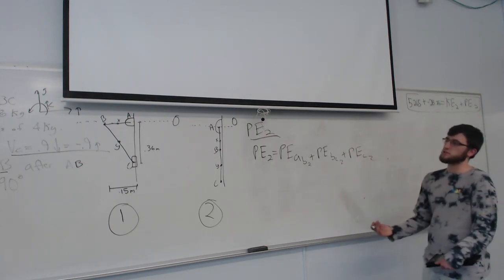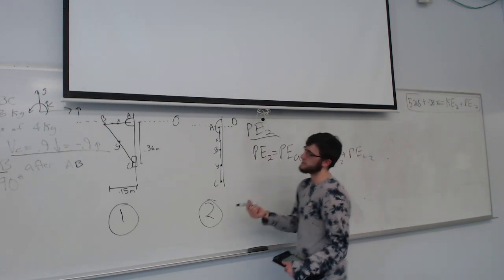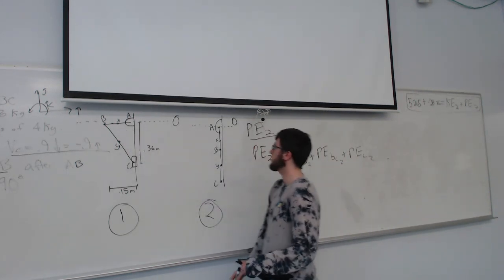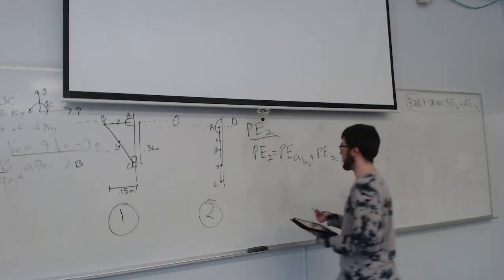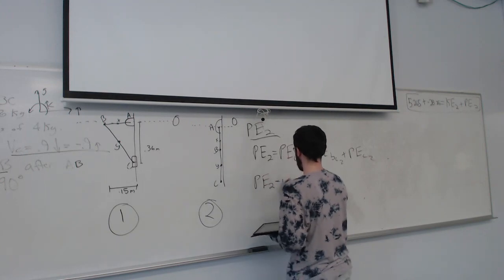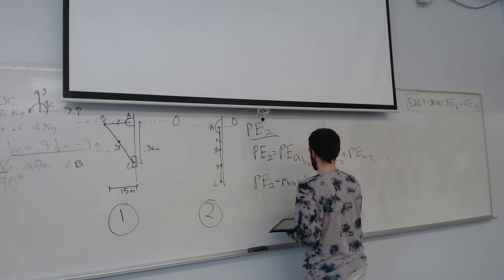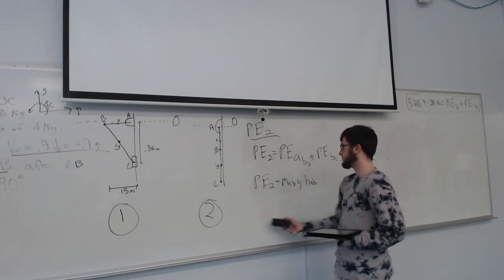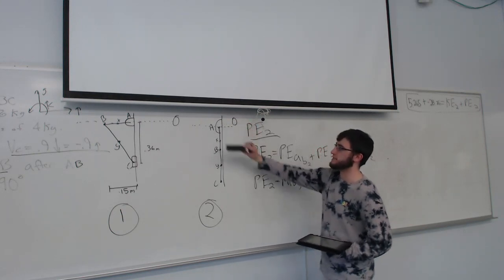And now because the system's moved, the entire thing has potential energy, whereas last time I was able to cancel out this, but now I can't do that. But it's really not much more work. So potential energy of 2 equals mass of AB times gravity times height of AB. But remember how I'm quantifying the height of AB is by its center of mass.